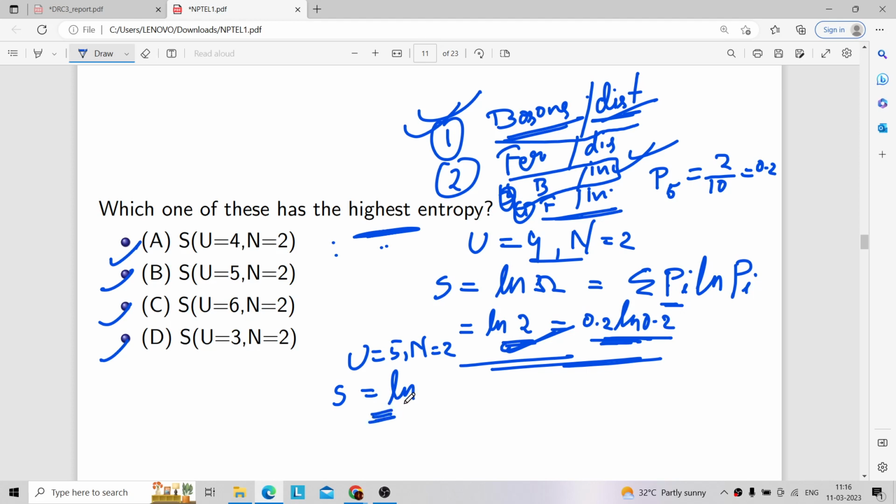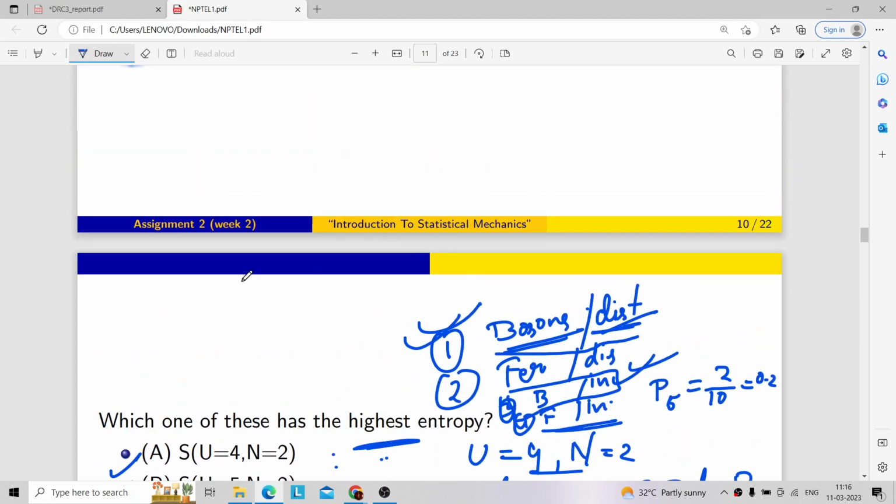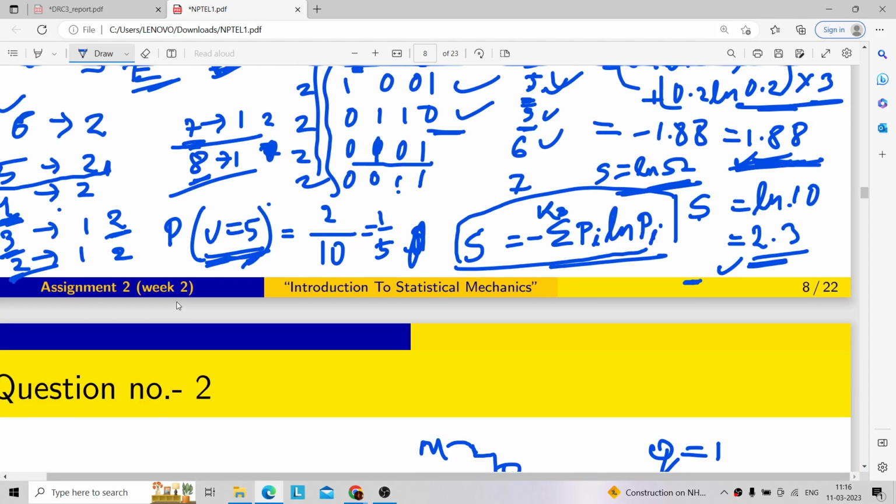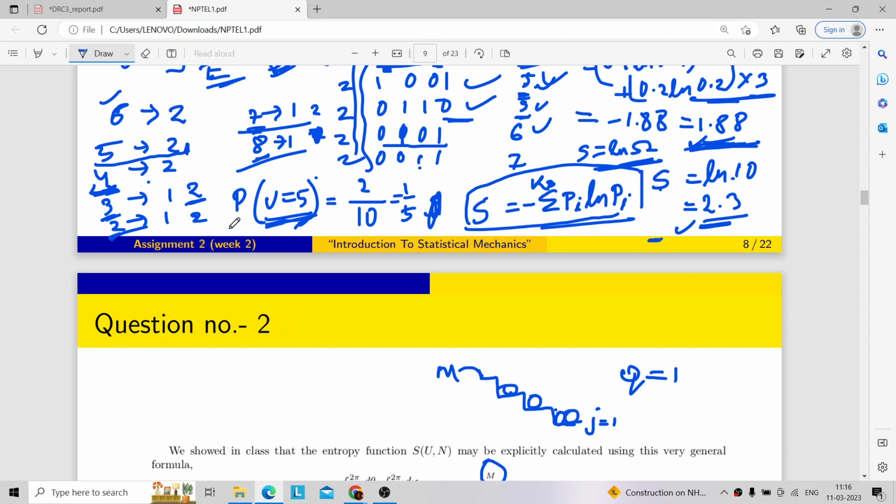Let's take Boltzmann entropy. So how many 5s do I have in the last case? 2. So there are 2 microstates which are giving total internal energy to be 5.